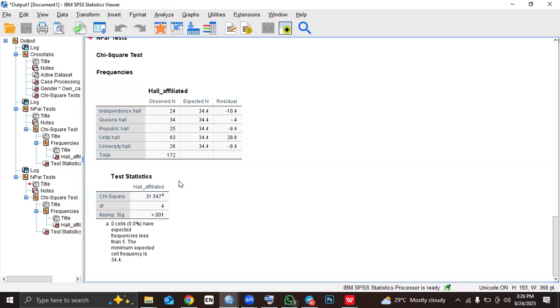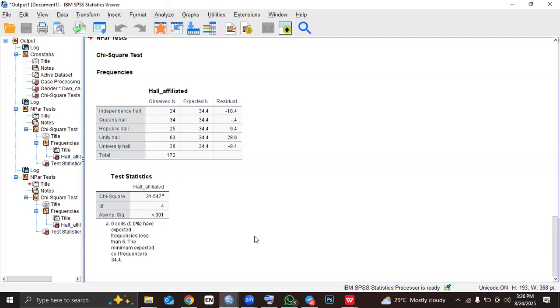What this chi-square is trying to tell us is that there is a significant difference between the number of students that entered each hall. That is what this chi-square goodness of fit is trying to tell us.